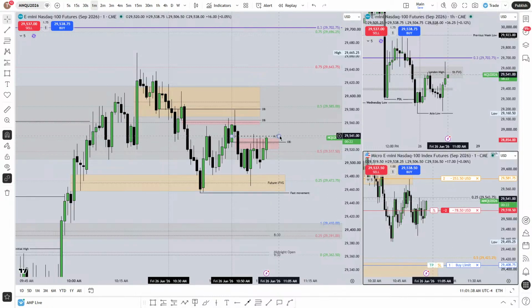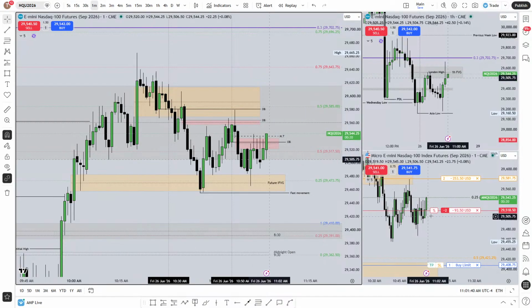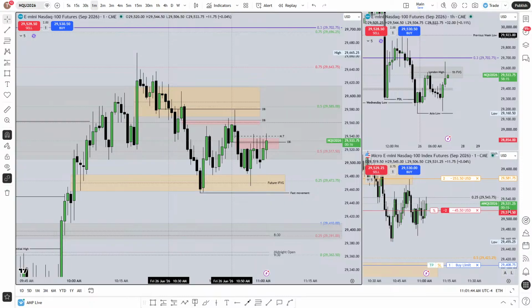If we close above the mean threshold right here, then I'll take one off. Let's see it hold. All right, so again, it held the midpoint. The wicks are just poking up above here.